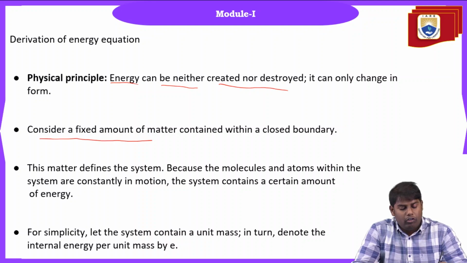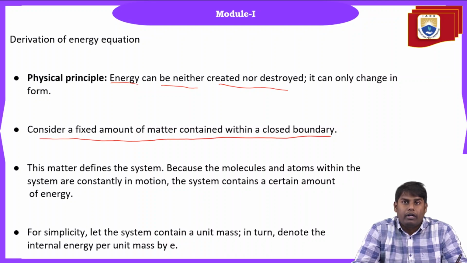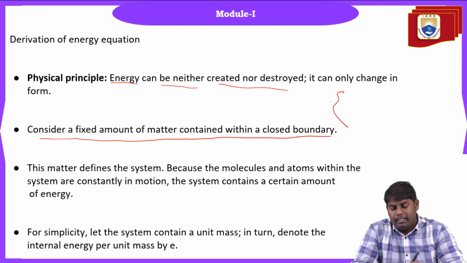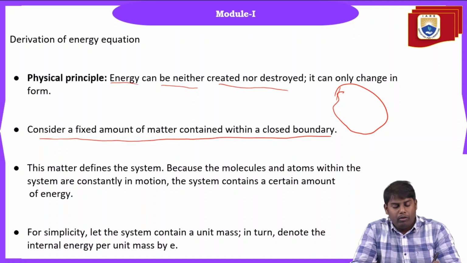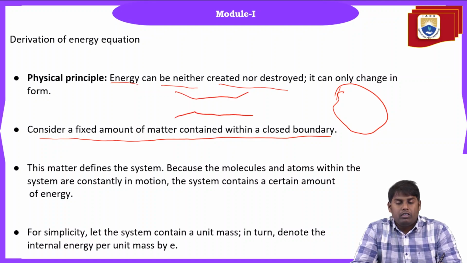Consider a fixed amount of matter contained within a closed boundary. Let us take this as a closed boundary. What do we mean by an open boundary? Let's say you have this, which is called an open system, where you have inlet, inflow and outflow.